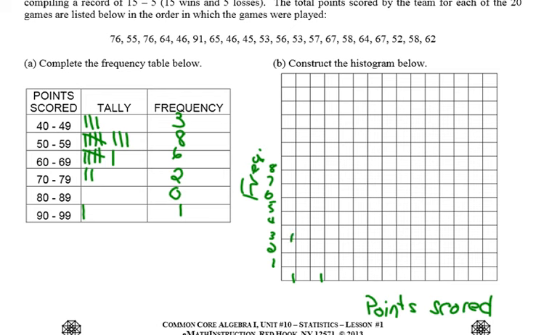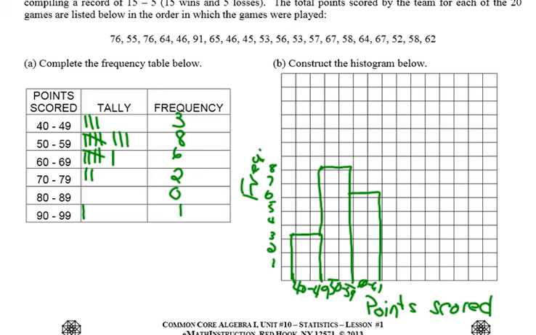So we had 3 people who were between 40 and 49. We had 8 people between 50 and 59. You could color yours in, I'm just trying to save some time here. 6 people, notice the bars are touching.